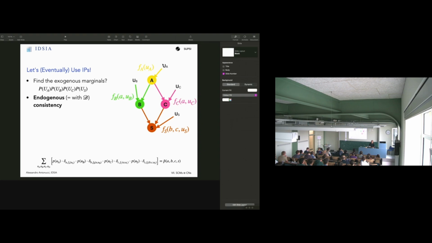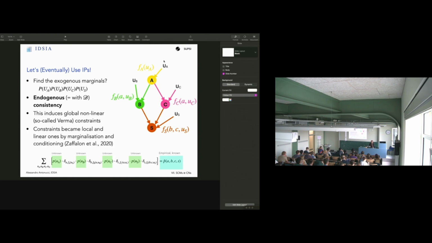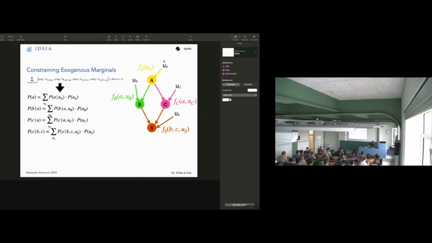So each non-latent variable has a U variable, but it is separate from the others. So in this case, it's very simple to show that this global non-linear constraint is equivalent to a collection of local linear constraints. And basically, these are the constraints I induce, but it is an equivalence.